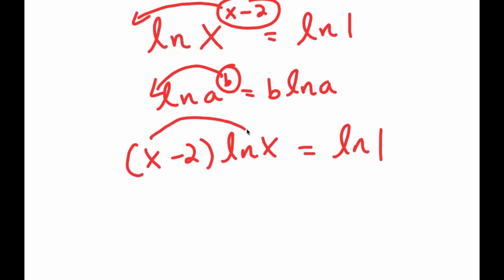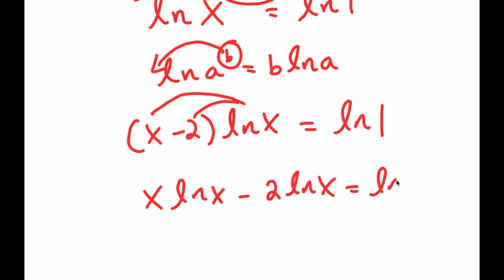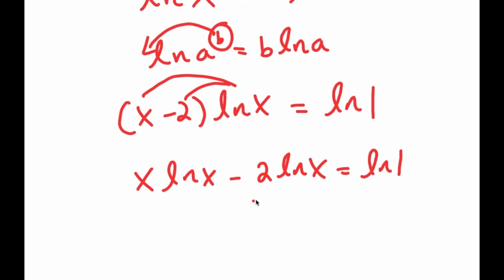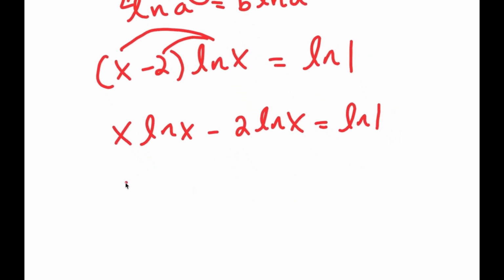Now I can distribute the ln x. So I get x times ln x minus 2 times ln x is equal to ln 1. And ln 1 is equal to 0.